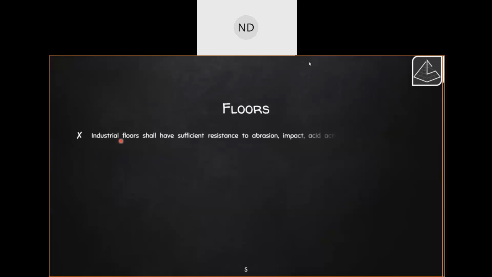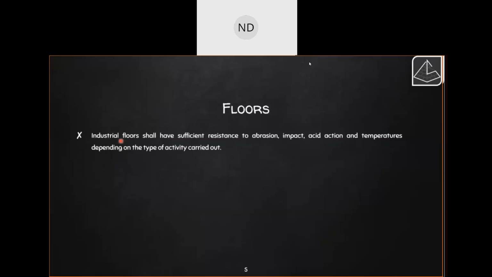Let us now talk about the floors of the industrial buildings. So industrial floors shall have sufficient resistance to abrasion, acid action, and temperatures. Since industrial buildings are used for storage, let us say we are storing acid or chemicals, the flooring should be such that if there is any leakage, the floor should not be ruined, because we need to reuse the floor and keep the maintenance cost low.